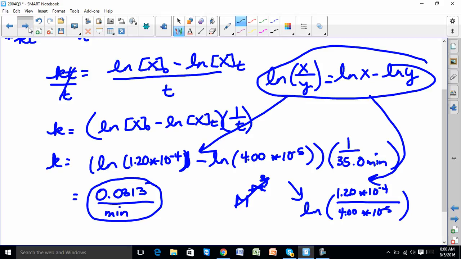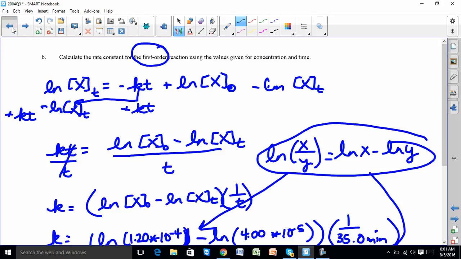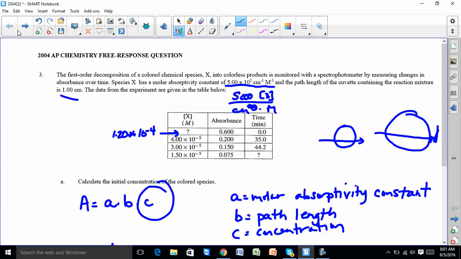All right, now this next one is: calculate the number of minutes it takes the absorbance to drop from 0.600 to 0.075. So interesting, I'm going to go back to the beginning. So the question is, now remember 0.600 is the absorbance at the beginning, and 0.075 is this absorbance, and they want to know what this time is.